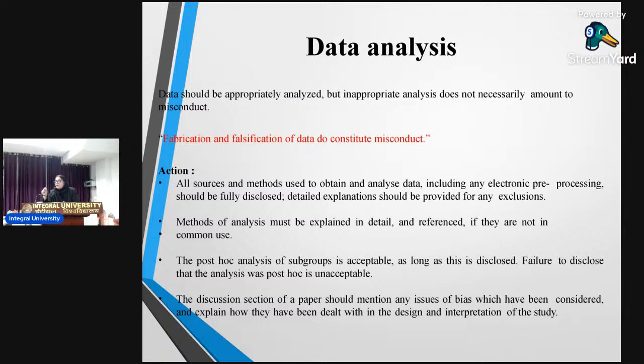Knowingly putting false data in the data landscape. Fabrication and falsification of data do constitute misconduct. I have marked it in red for a reason. The reason is that you have to avoid falsification and fabrication, no matter how pressured you feel.